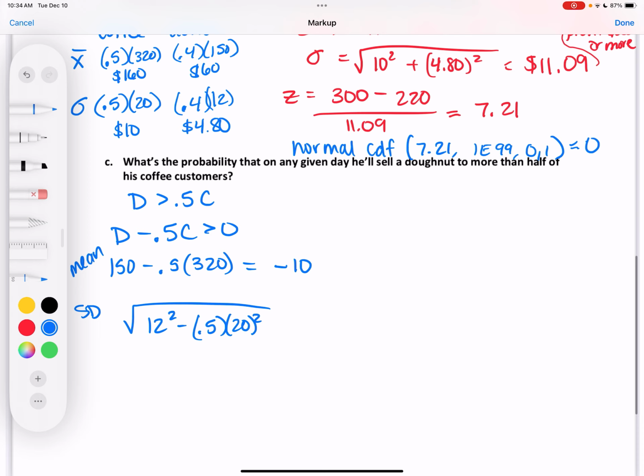Oh wait, I forgot. We always add when we're doing this, not subtract. I was like, this is going to give me an unreal answer. Because you're supposed to add them. So when I do this, I get 18.55.